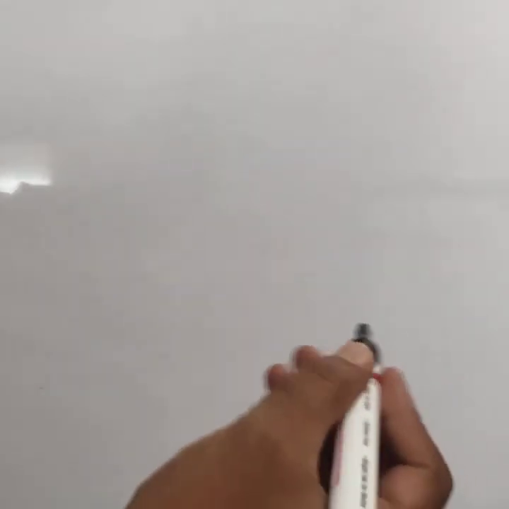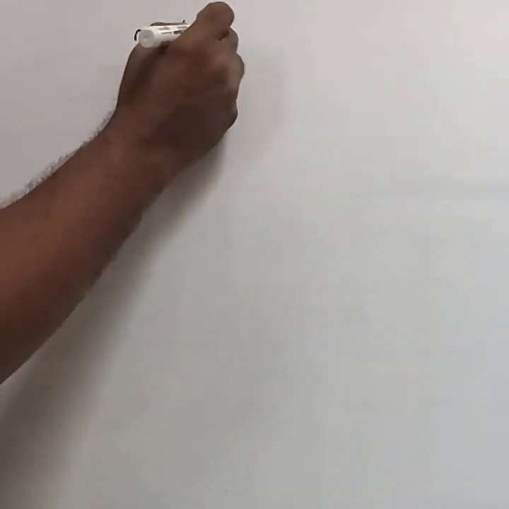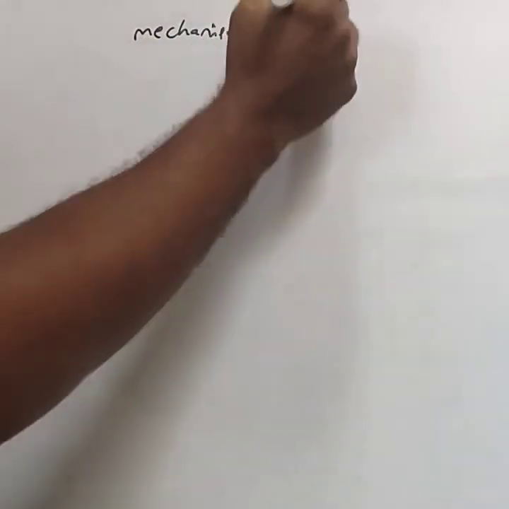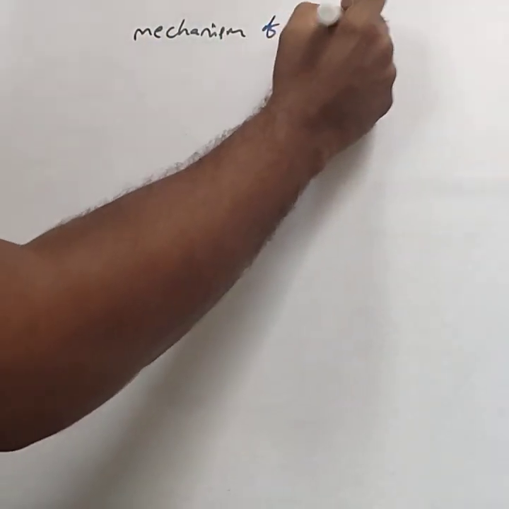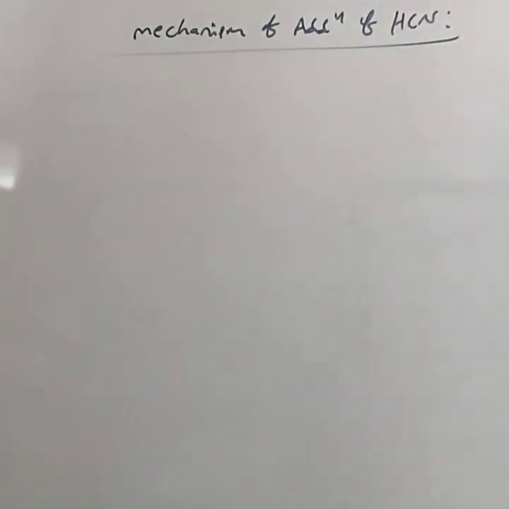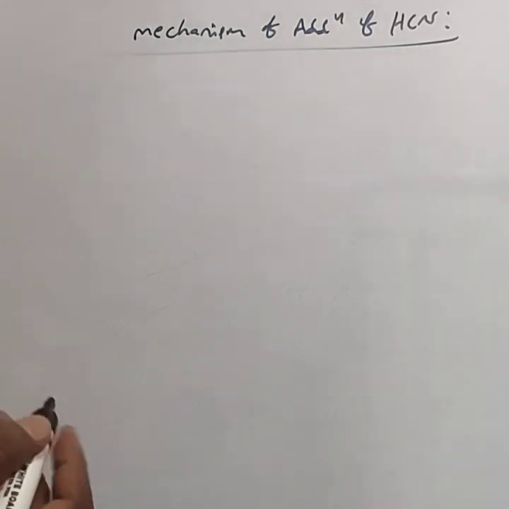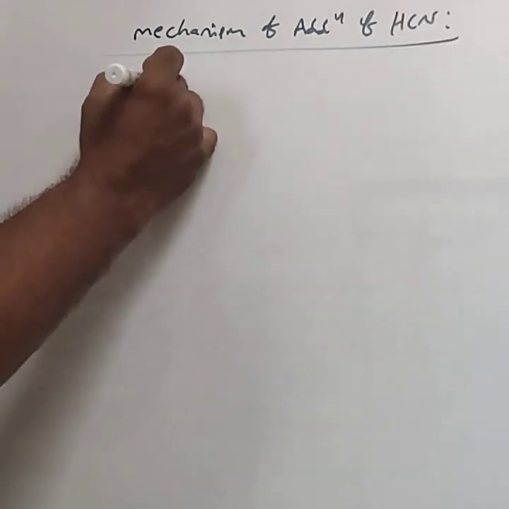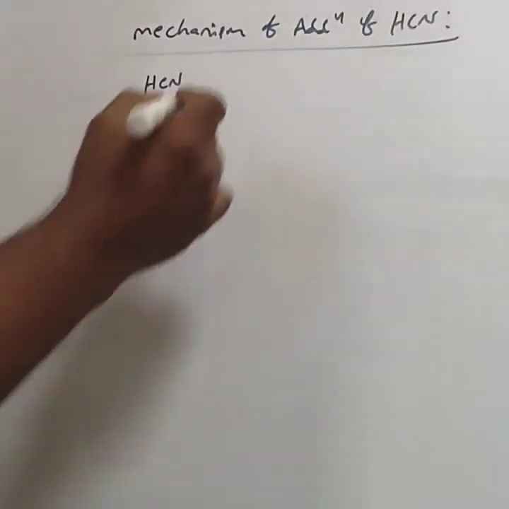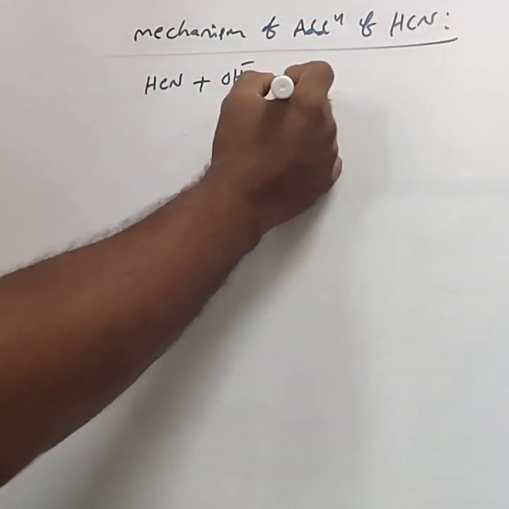Consider the last mechanism. The name is the mechanism of addition of HCN, hydrogen cyanide. This addition of HCN takes place in the presence of the base: HCN plus OH minus. This is reversible.